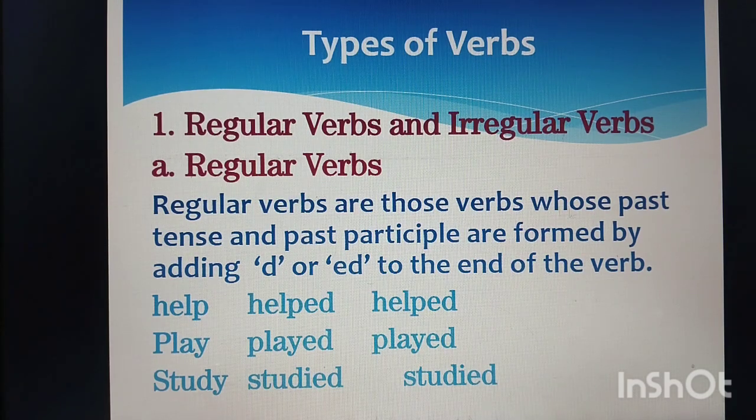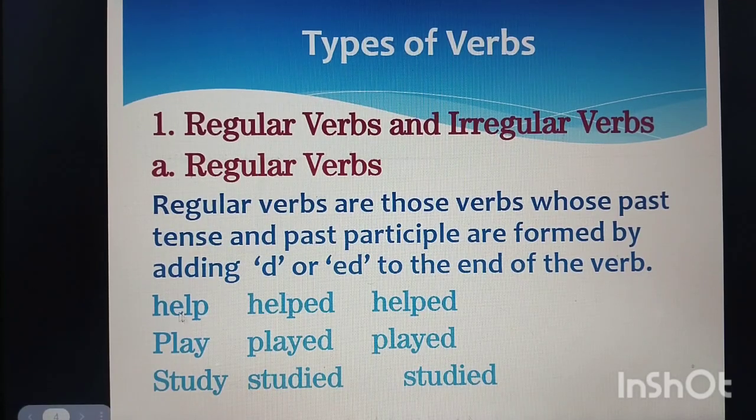In regular verbs, the past tense and past participle are formed by adding d or ed as the suffix to the end of the verb. For example, help, helped, helped.